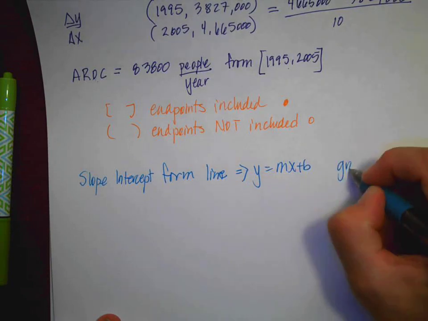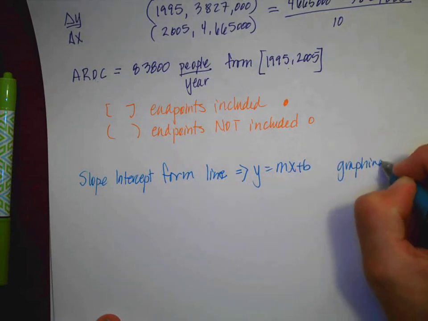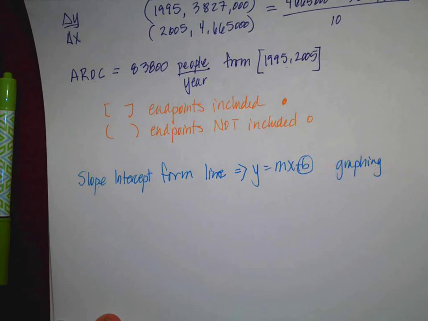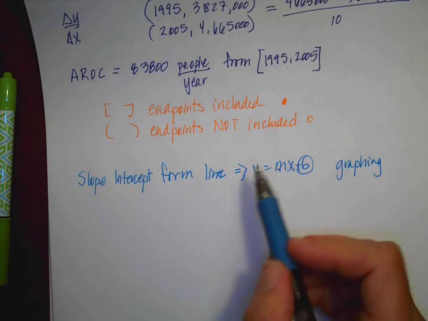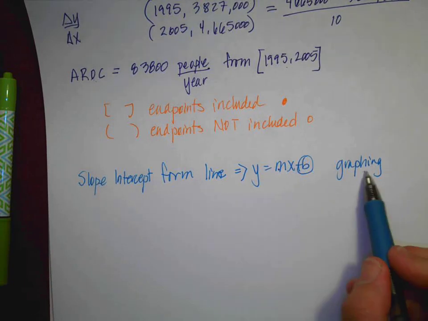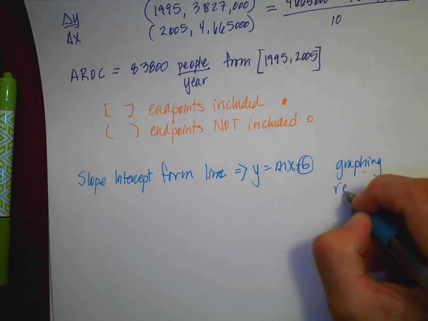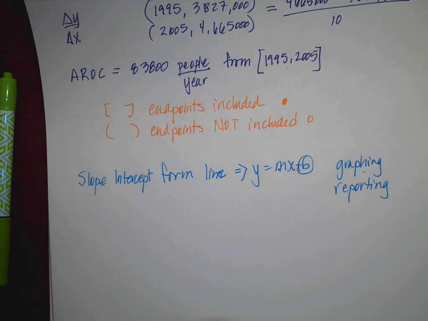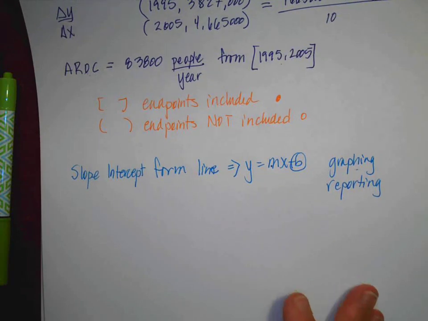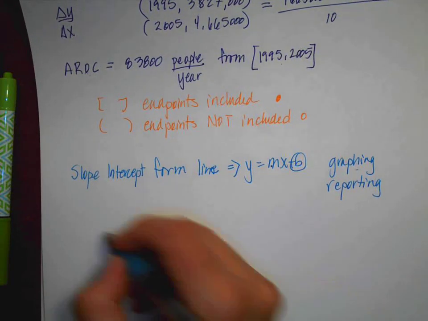The primary purpose for this equation is graphing because it makes my life easy if I'm going to graph. I put the y-intercept, 2 points define a line. I put the slope on the graph, and I can connect the dots. So oftentimes we use this form for graphing. Sometimes we use it for reporting. It depends on the situation and what you are asked to do.